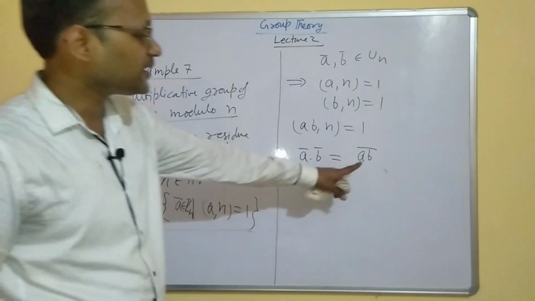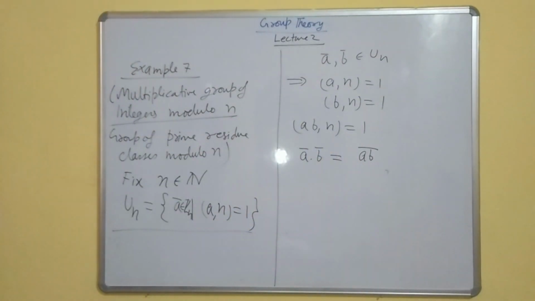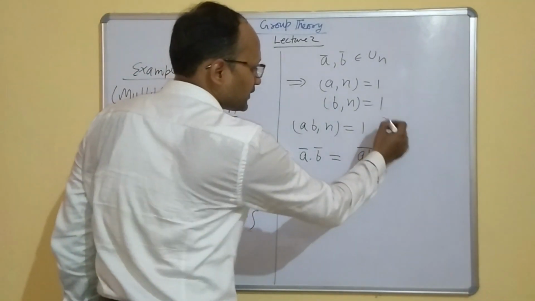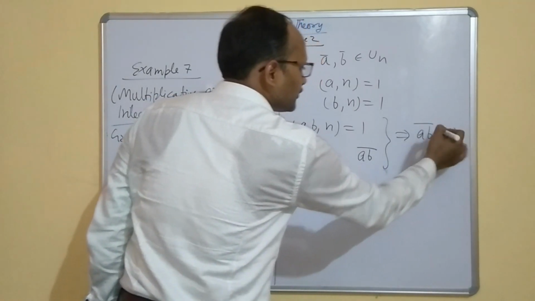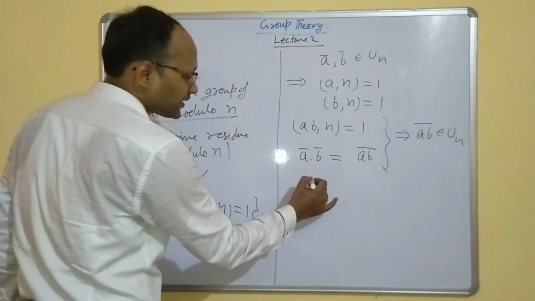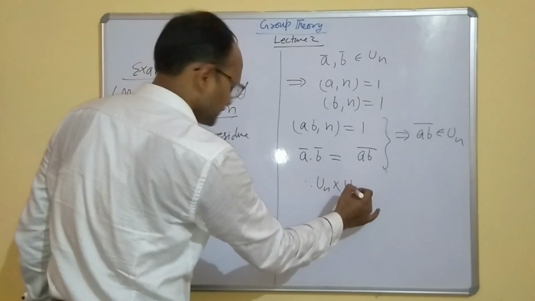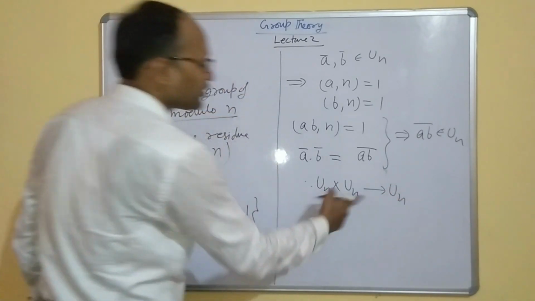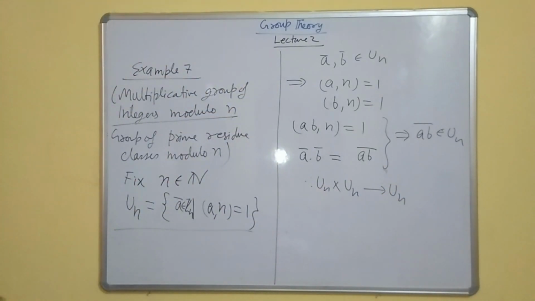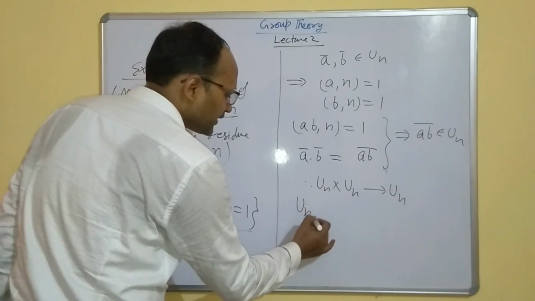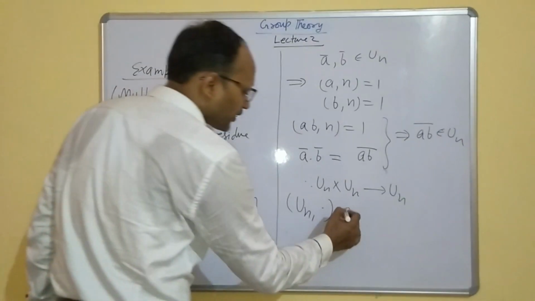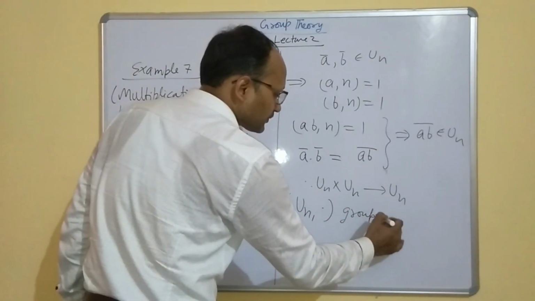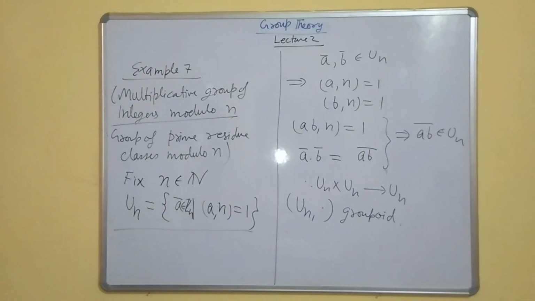But because the GCD between ab and n is 1, this ab belongs to Un. So ab bar belongs to Un. So we can define the operation of multiplication from Un cross Un to Un, because the product of two elements of Un belongs to Un. So this dot is a binary operation on Un. So this is a group I.